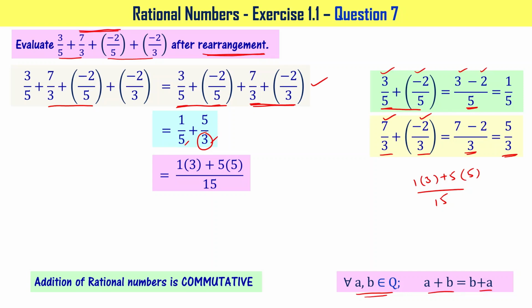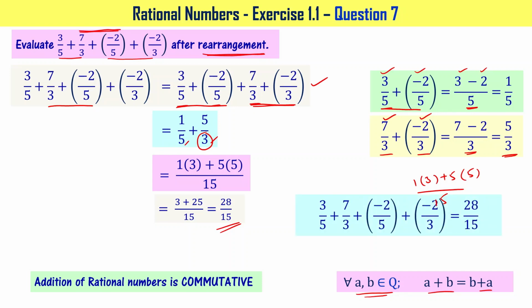When you simplify it, it can be written as (3 + 25)/15, that is equal to 28/15. So after rearranging, the value of the expression is 28/15, right? Let's write that: 3/5 + 7/3 - 2/5 + (-2/3) = 28/15. This is what we are asked to find.